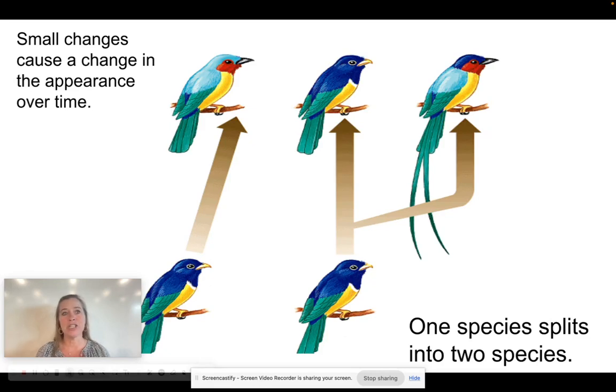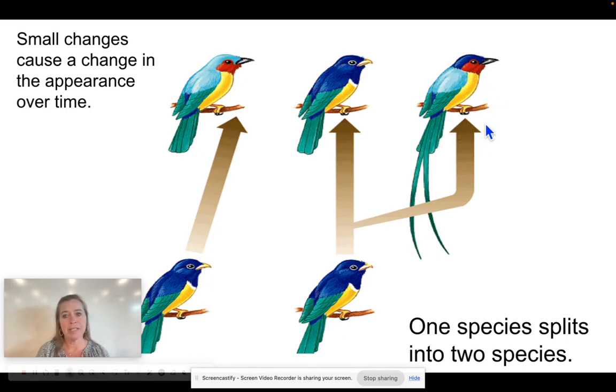So what leads to speciation? Small changes over a very long period of time can change one group of organisms from a previous ancestral species to a new emergent species. So that's one way that evolution can occur to make a new species. Another way is if the original heritage population stays the same and doesn't change much, but a subpopulation is separated or enters a new environment or starts to occupy a new niche.